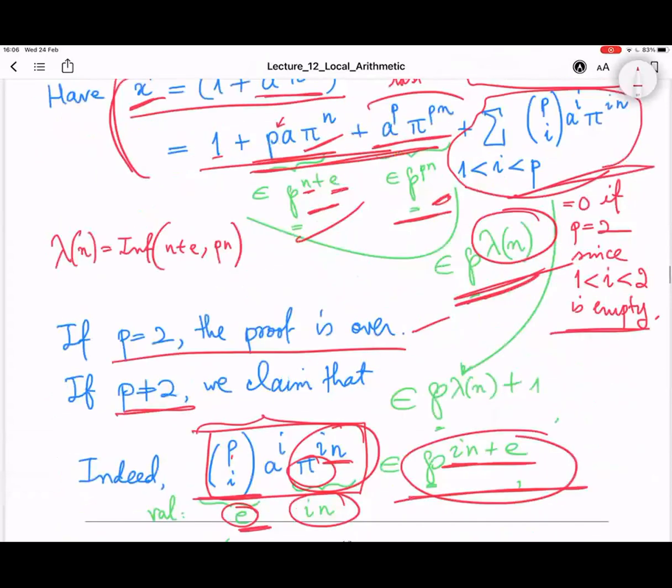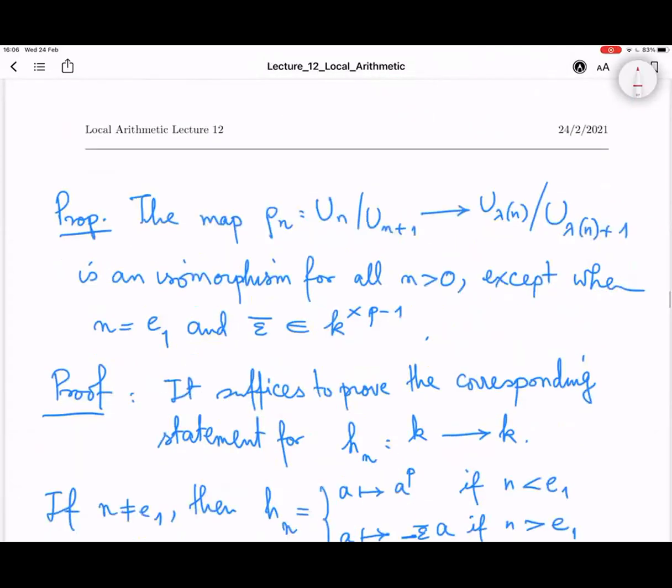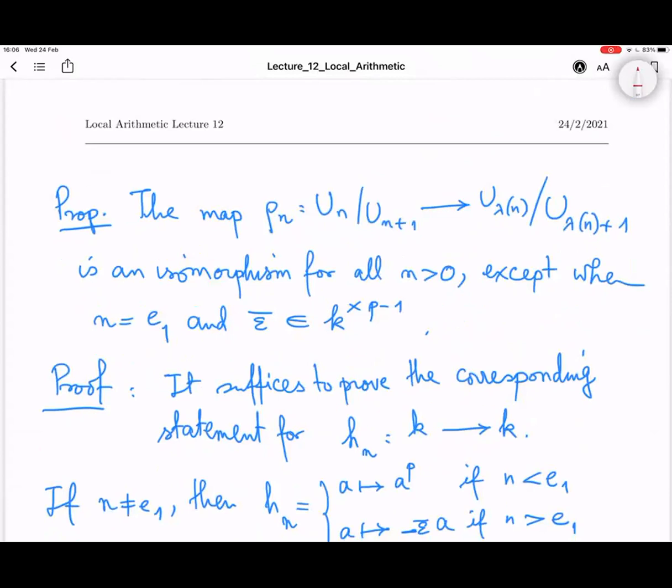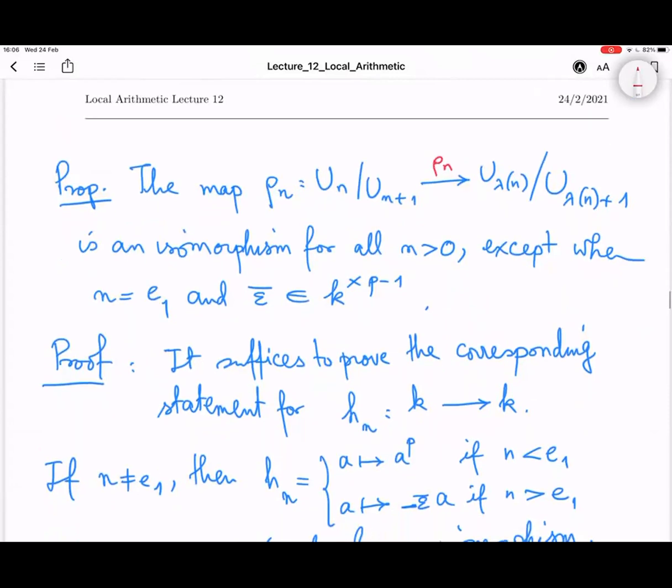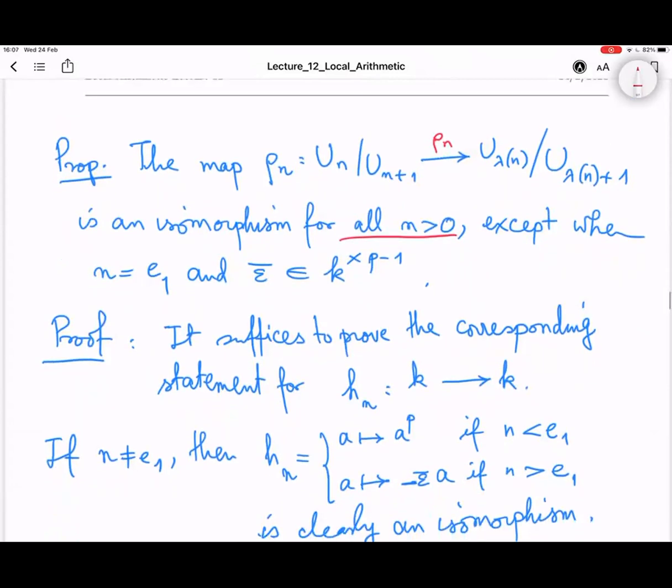So this is going to be important. Now the next claim is that the map rho n, the same map which I've been discussing, which is a map from Un modulo Un plus 1 to U lambda n modulo U lambda n plus 1, is an isomorphism for all n, except when n equals e1, which means in particular that e1 happens to be an integer, and epsilon bar is a p minus 1th power in the residue field k.